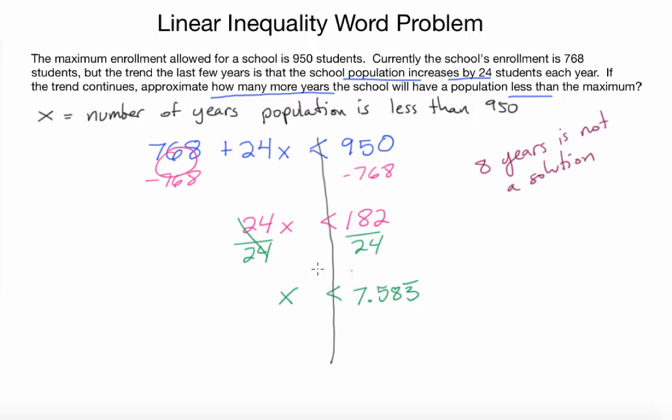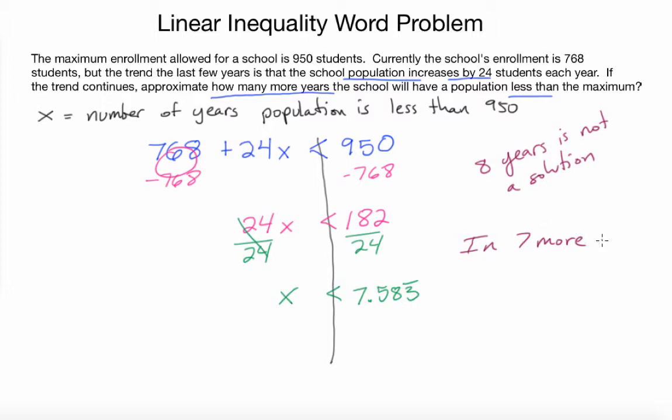So I'm thinking year by year. In 7 more years, I have to round to a whole number. I can't really think of 7.583 years in school years. I could maybe break out the months, but I don't know if it's continuous enrollment.